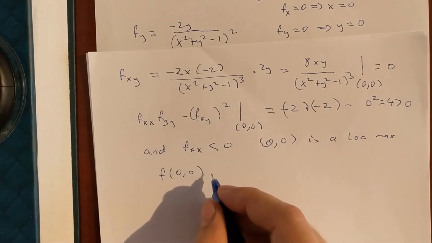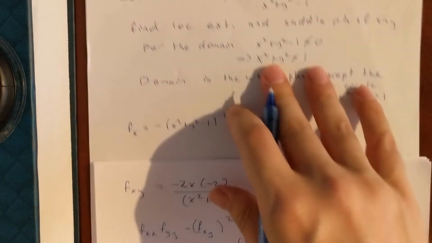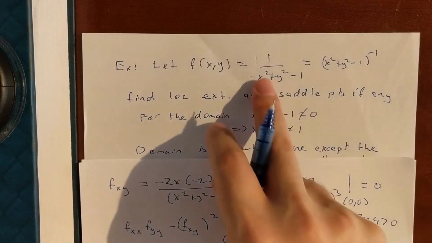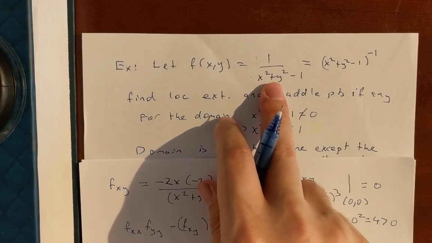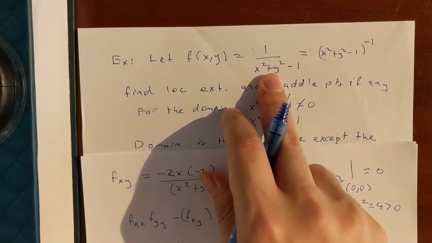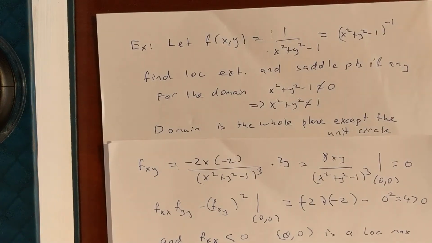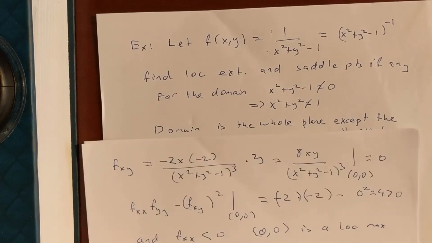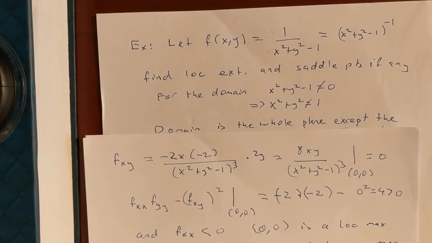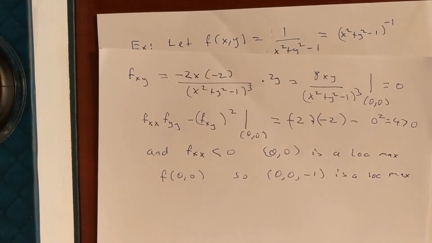Let's plug it into the equation. What was the equation? Sorry, it's been a long time. Plug in 0, 0, you get just minus 1, right? So 0, 0, minus 1 is a local max. Okay, that's how you would do the problem.